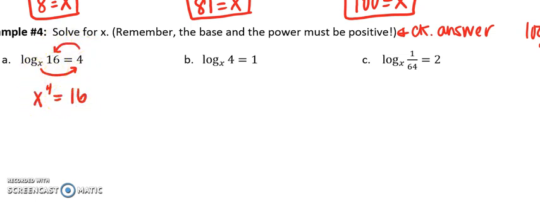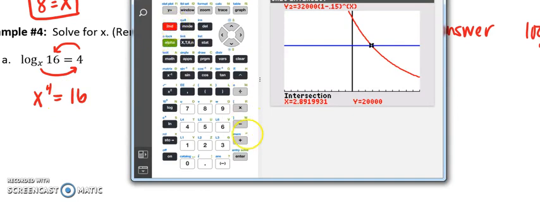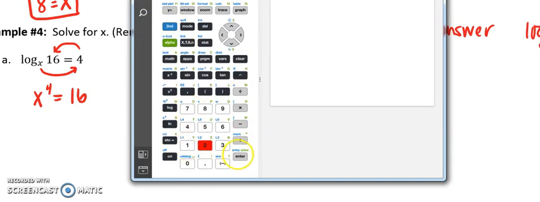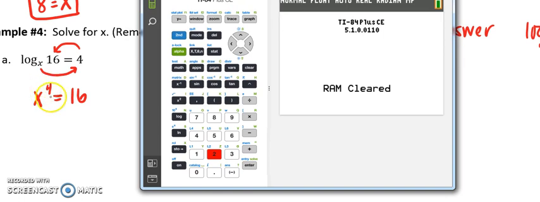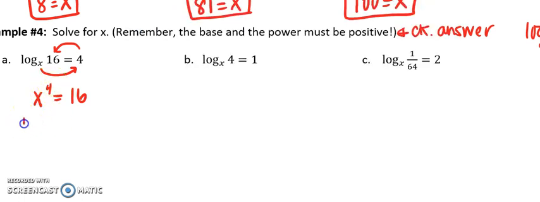Do you remember how to do these? These are the type where you have to take the fourth root. And remember, when you take an even root, you have to remember your plus or minus. Now here's where this comes in. This number can never be negative, so you don't have to worry about the plus or minus for this problem.